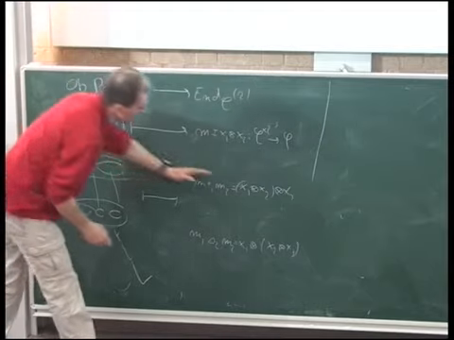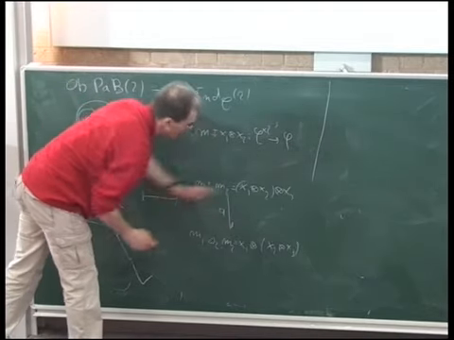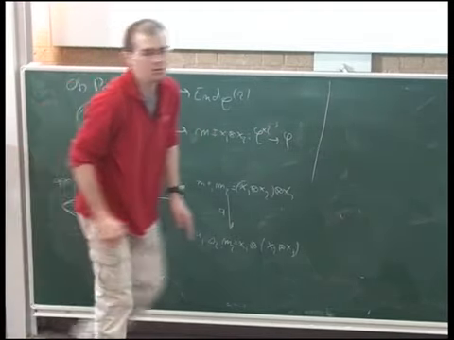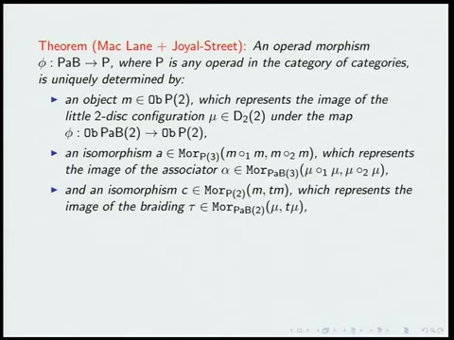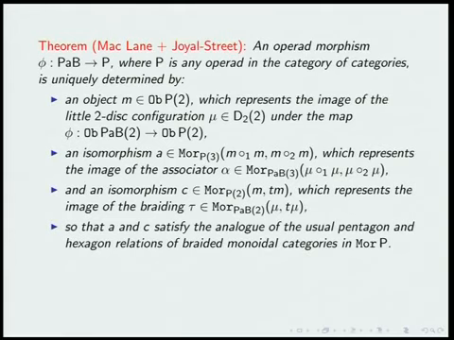And alpha has to be mapped to an iso A connected base composites of the multiplication operation. Okay? And similarly, the braiding tau has to be mapped to braiding in C for this tensor product operation. Okay? And so the operad morphism is determined by this data.